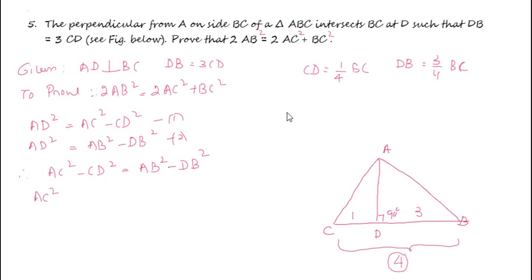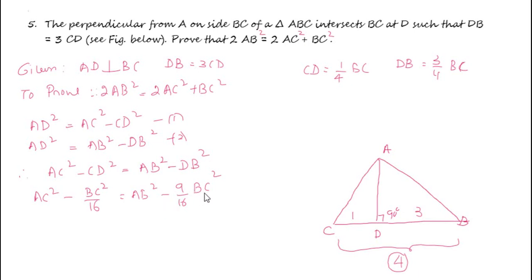Now CD we know is 1/4 of BC, so CD square is 1/4 of BC whole square, that is BC square divided by 16, equal to AB square minus DB square. DB is 3 by 4, so 3 by 4 whole square, 9 by 16 BC square.